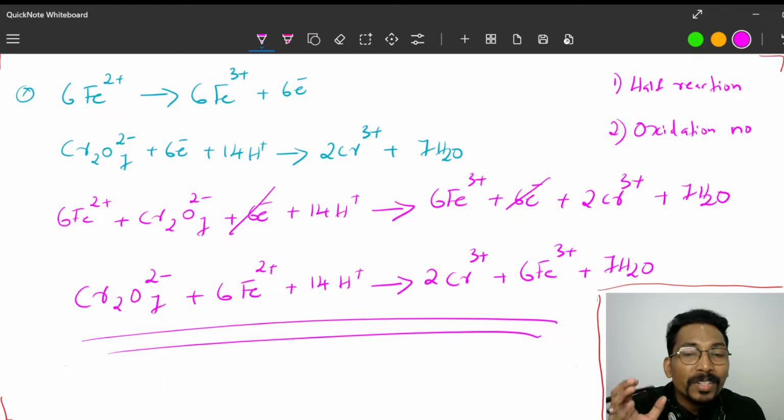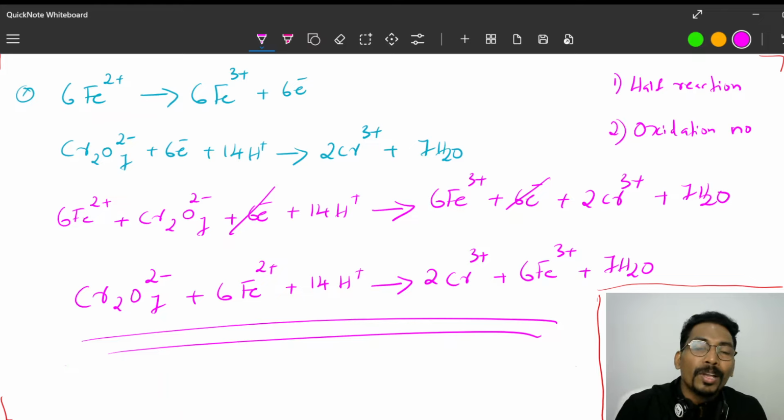You should recognize which is oxidation and which is reduction perfectly, otherwise your answer will be wrong. Then you have to add the required number of electrons in oxidation and reduction. Then balancing oxygen, balancing hydrogen, that's it. Clear? I hope this topic is crystal clear.